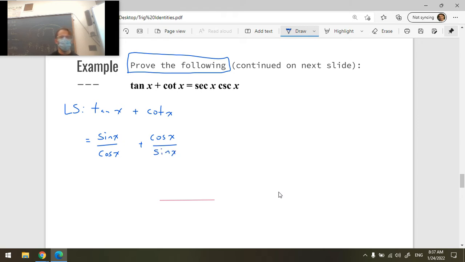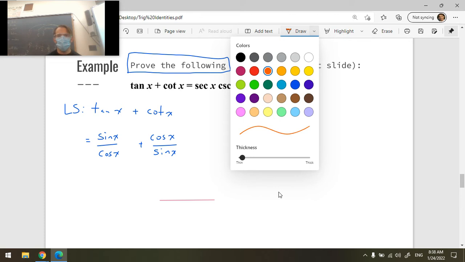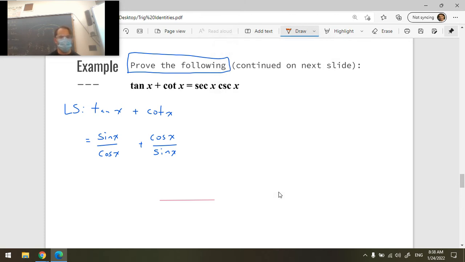Now I just want to add these two together. And when I'm adding fractions, what do I need on the bottom? Yeah, I need a common denominator. So what I'm going to have to do is multiply both of them, top and bottom, so that I do get that common denominator.